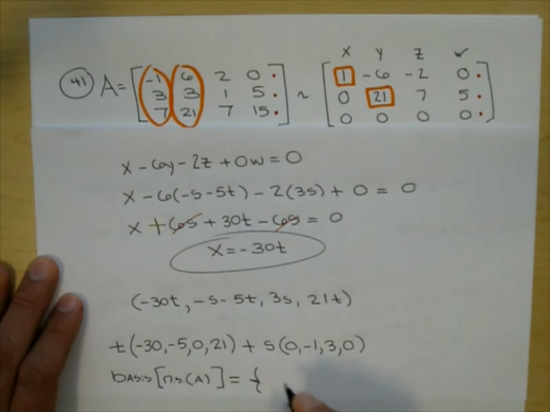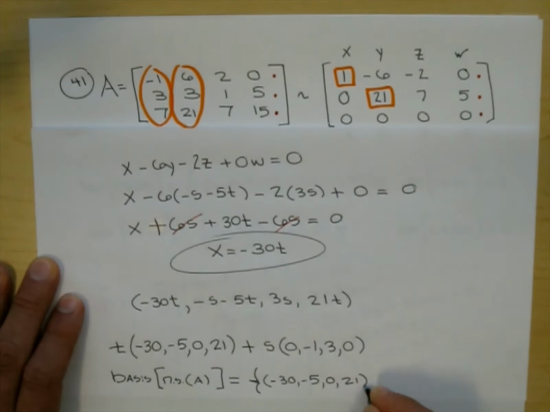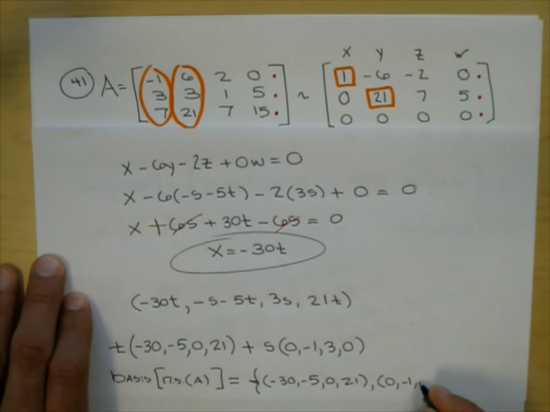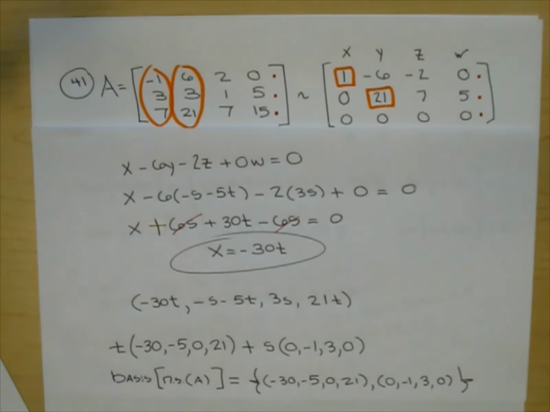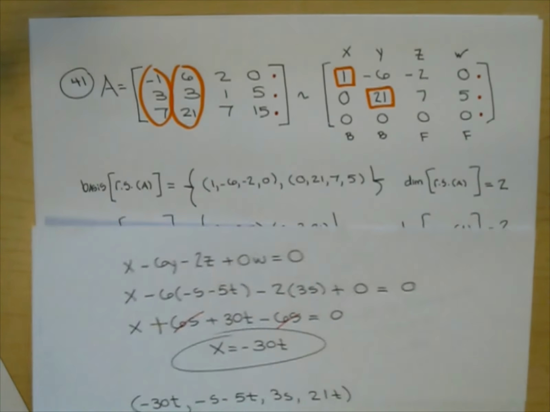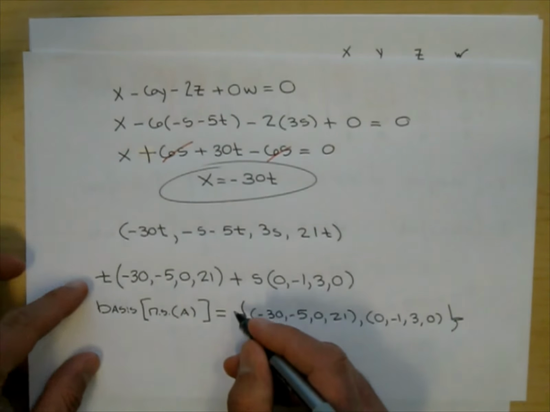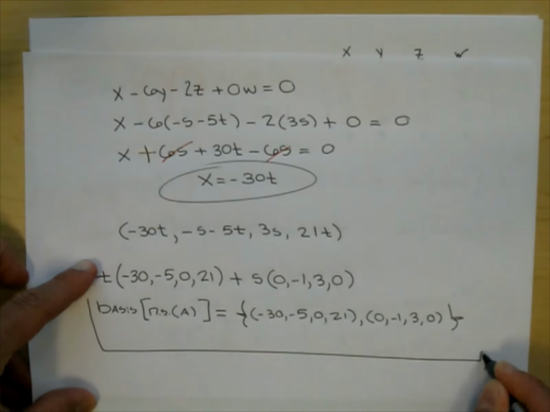It's going to look like those two guys there. So I'm going to write them out here: negative 30, negative 5, 0, 21, and then the other one is 0, negative 1, 3, 0. And so this is our basis.